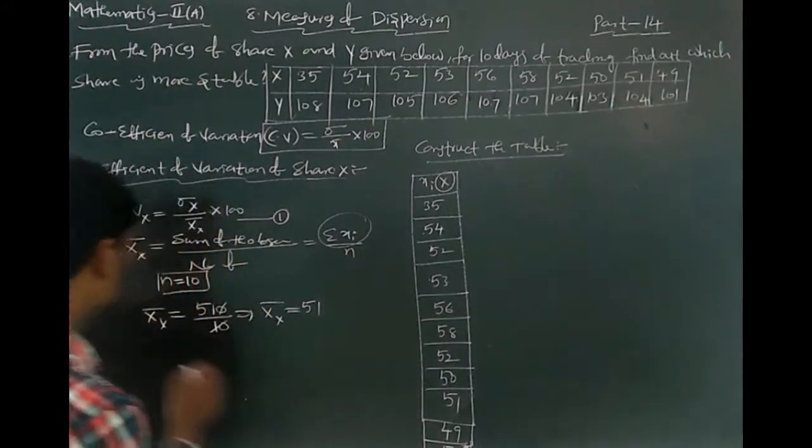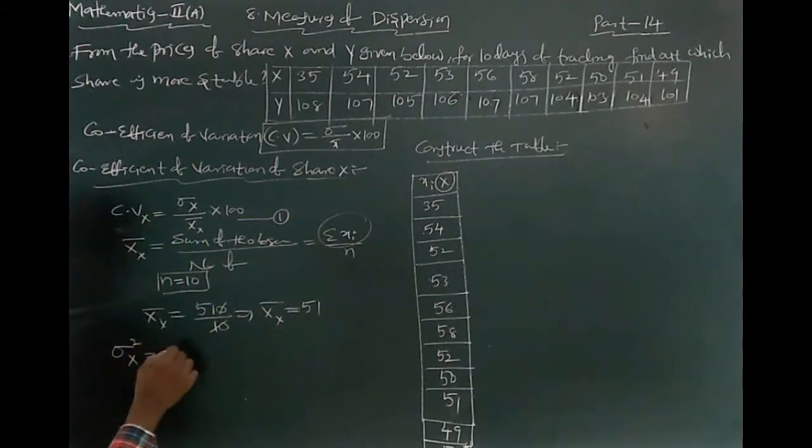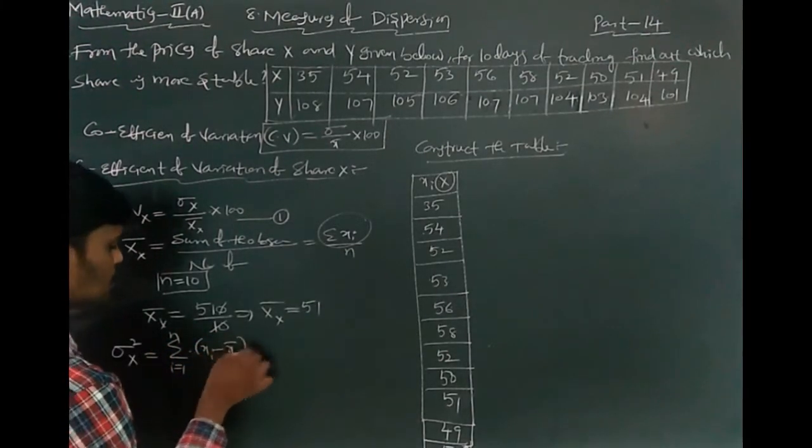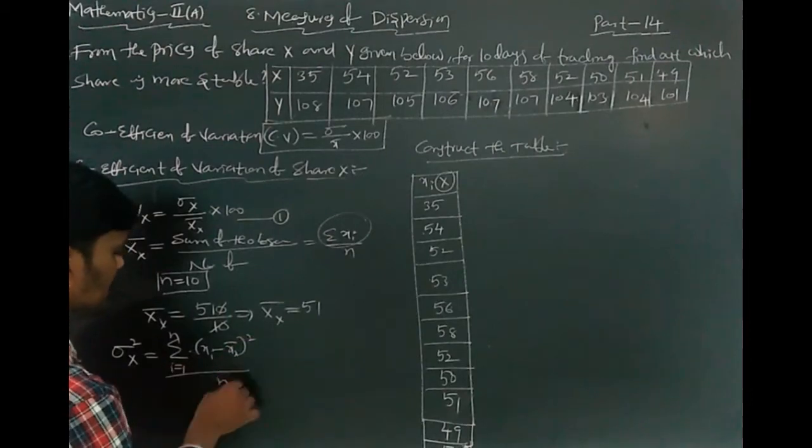After that, the variance. What is the variance formula? Sigma square X equals summation of i equals 1 to n, xi minus X bar whole square, by small n.